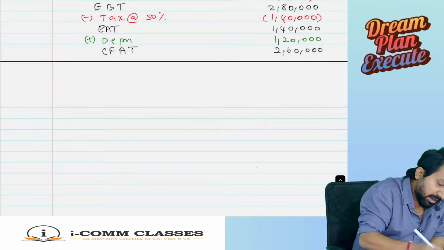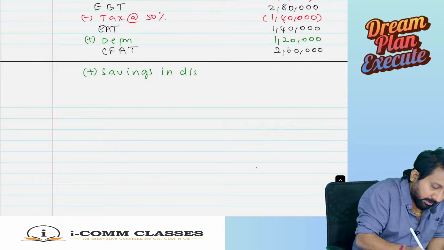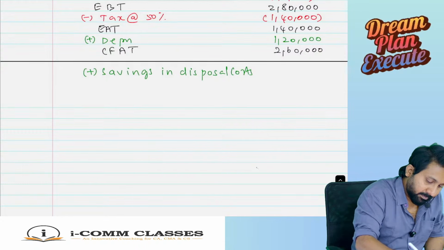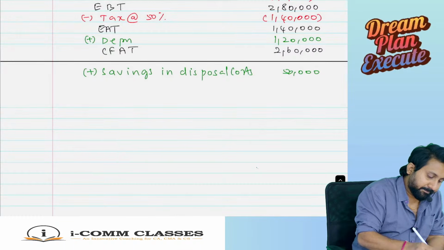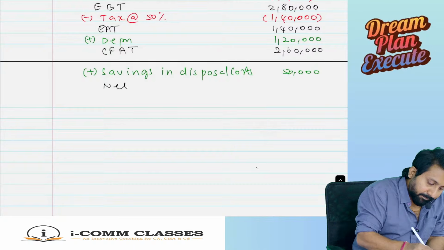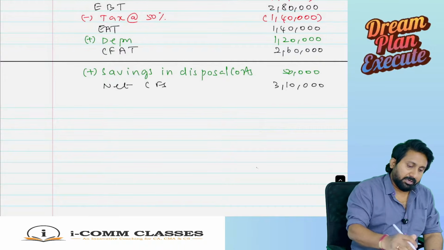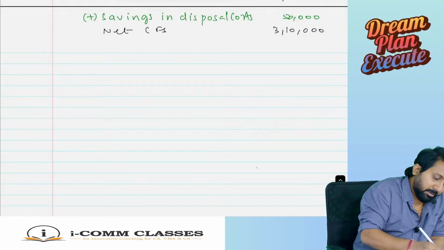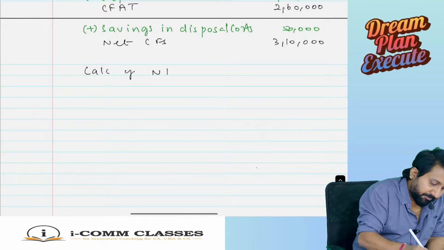Write down here. Savings in disposal cost 50,000. Net cash flows 3,10,000. Write down calculation of NPV.